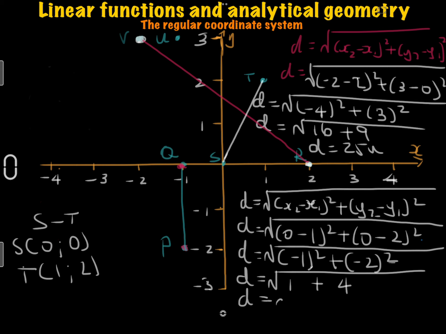So the distance is the square root of 5. Let's see on the calculator: the square root of 5 is 2.24 units, rounded off to 2 decimal places.